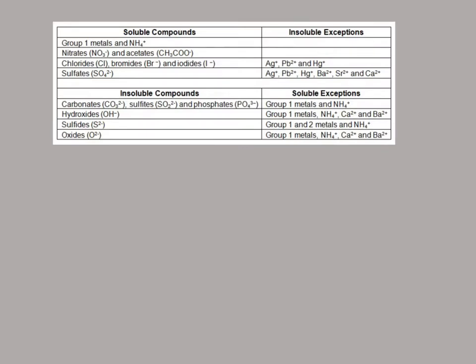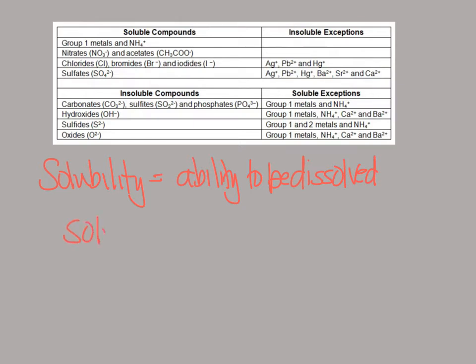Another aspect to be aware of in double displacement is a thing called solubility. And solubility is the ability to be dissolved. So when something is soluble, it will become an aqueous solution, AQ for short.